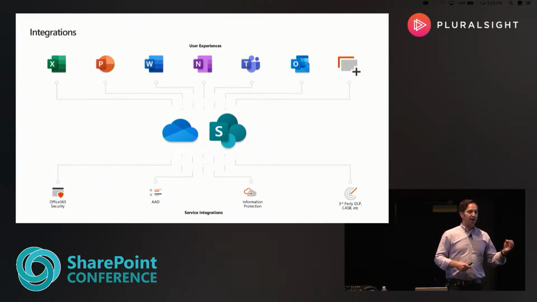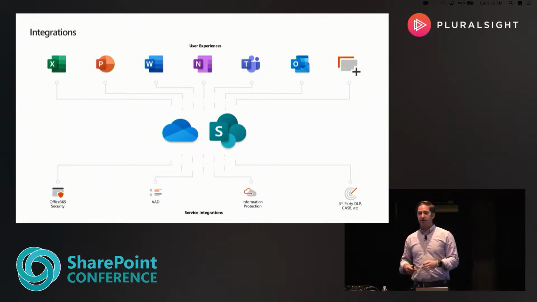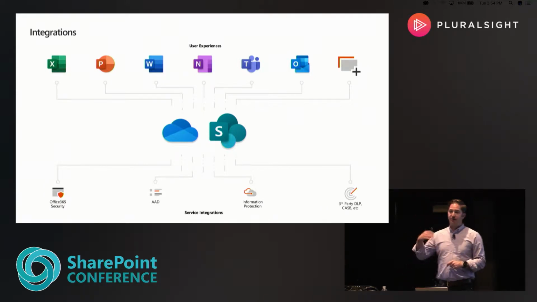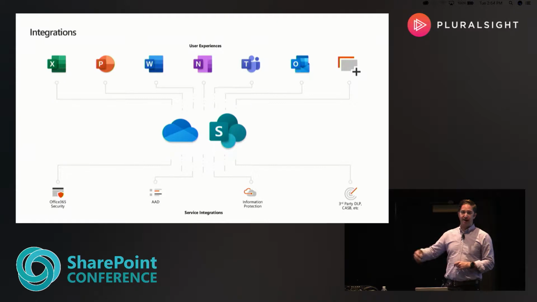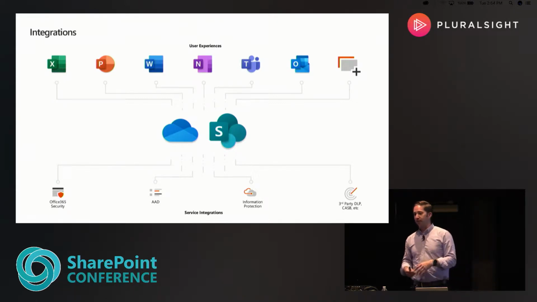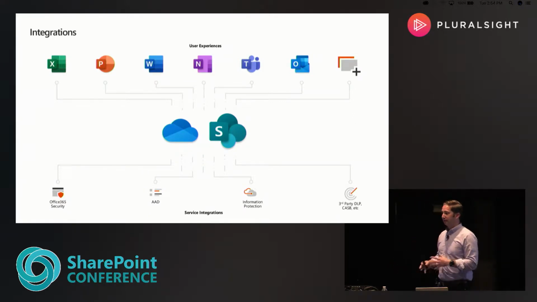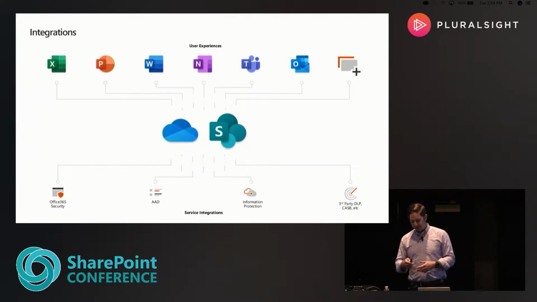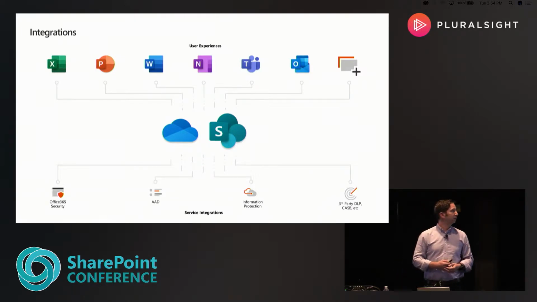And similarly, Office 365 security services, some of those O365-wide integrations, as well as third-party vendors such as CASB, DLP, AV. They all integrate into our platform and touch the files on a very, very regular basis. A lot of files, a lot of activity. So we needed to make sure this worked really well.